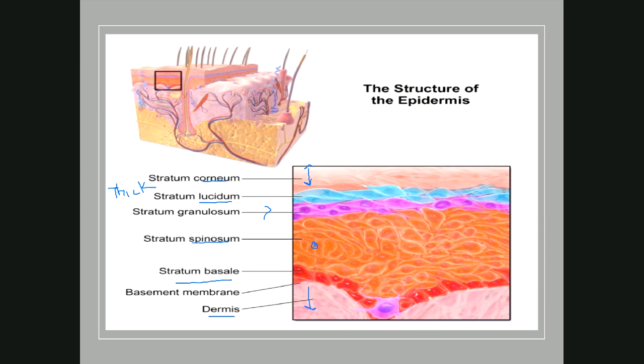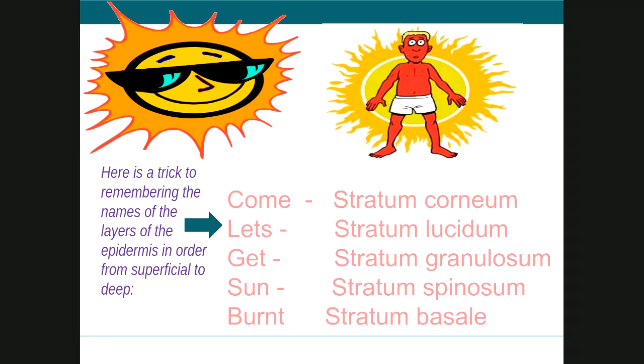Okay, so we've got to memorize this. So I like this mnemonic. Stratum corneum, top layer. Generally, this is going to be the thickest, 25 to 30 layers.